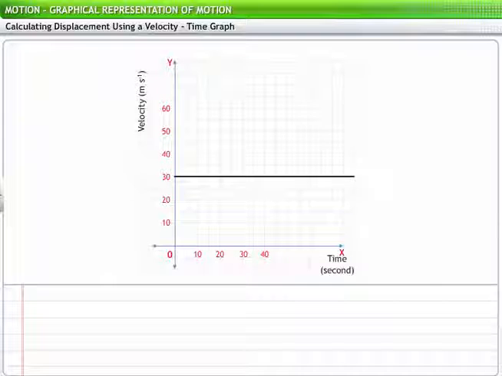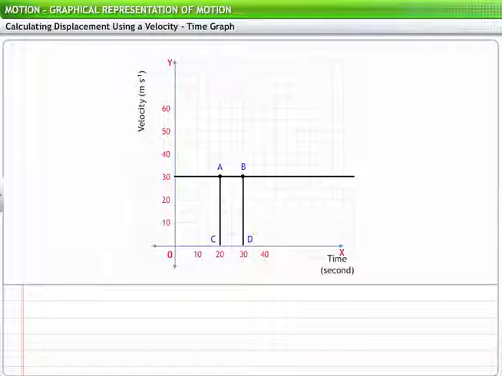To determine the displacement of the car between points A and B, which represent the position of the car at durations 20 seconds and 30 seconds respectively, draw perpendicular lines from A and B to intersect the x-axis at point C and D respectively.